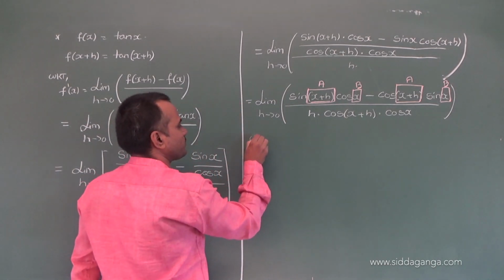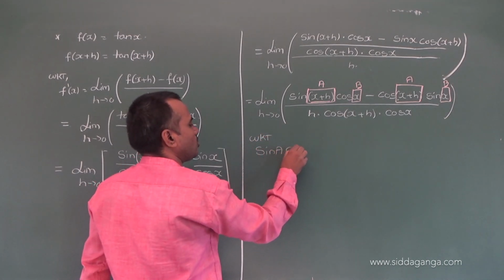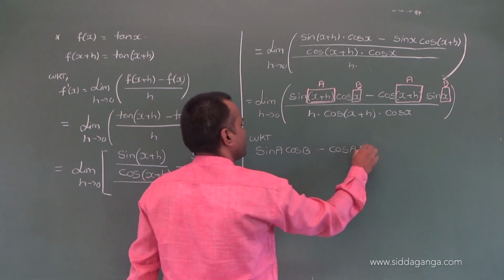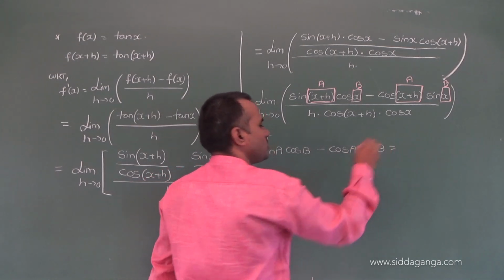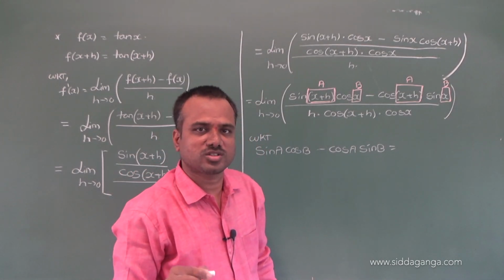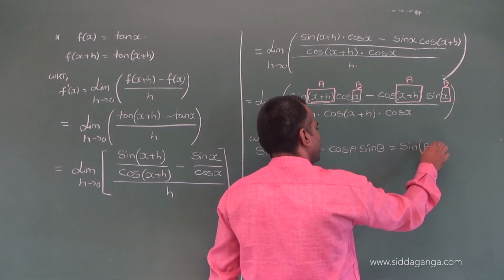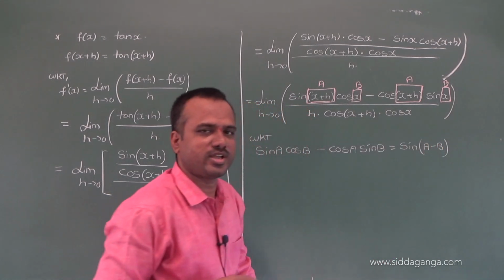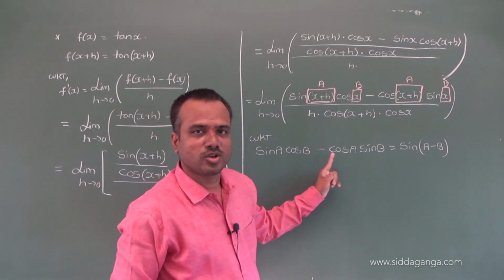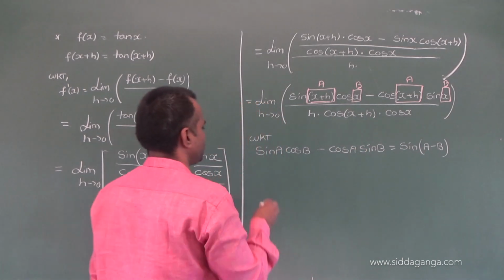You already know in trigonometry, sin A cos B minus cos A sin B is equal to sin of A minus B.